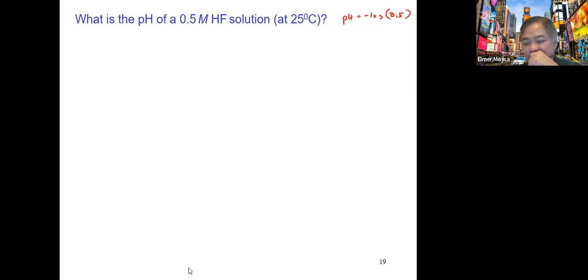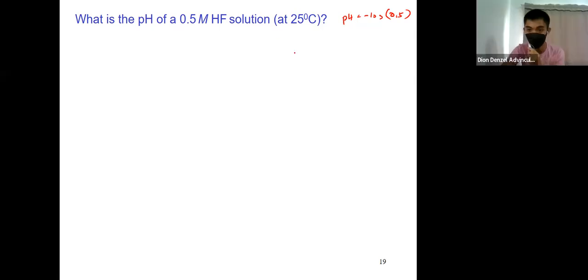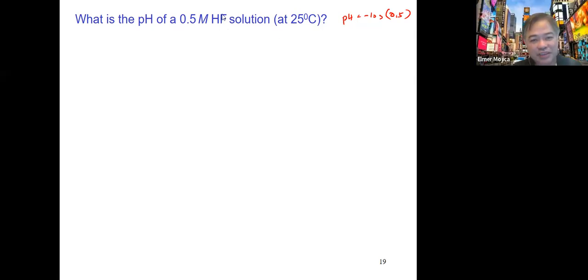It will only be correct if this is a strong acid. Yes. But it's not a strong acid, so hindi siya pwede. So how do we solve that thing?